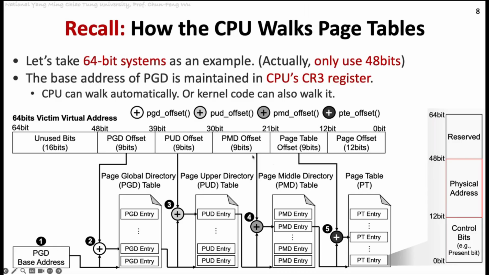And virtual to physical memory translation is usually needed for most instructions, so it affects CPU performance a lot. If you can halve the number of page table translations, then you can boost CPU performance by up to twice. Okay, so this is the goal of this kind of huge page management.